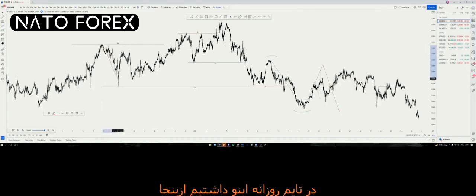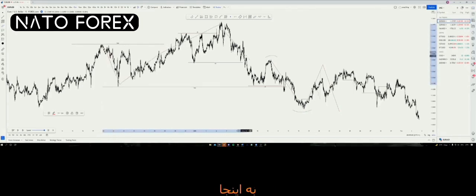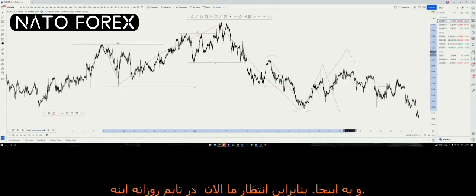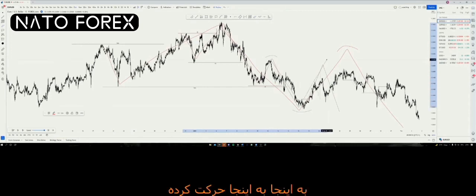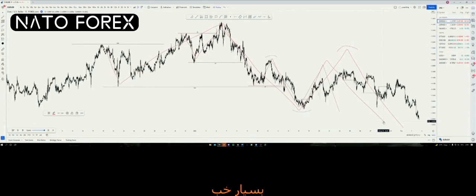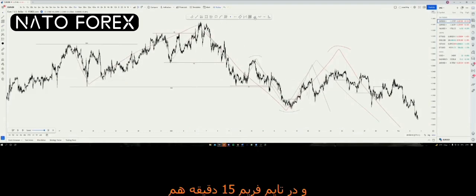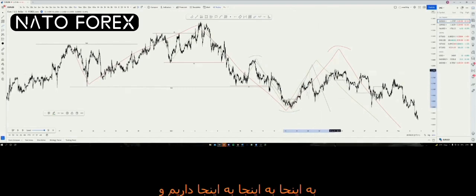On daily we've had this to this to this, so now the expectation is this on daily, so lower high. 4 hour we've had this to this to this to this to this to this to this, and now on 15M we've had all of this other intraday structure in between it, like down here we've had this to this to this to this to this to this to this, to this, to this.